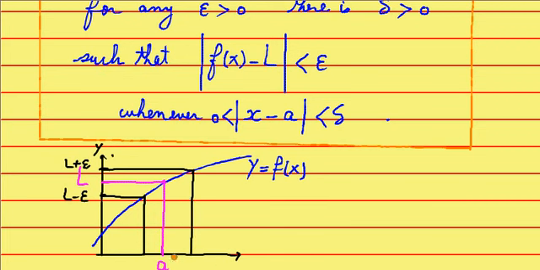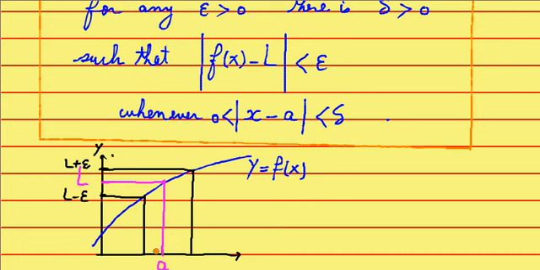Now we want to figure out a region inside of this, symmetrically placed around A, such that if we live inside of that region, the value of the function, the y of it, is going to be placed inside of this trap. So you want to lay a trap here. How big do you think you can make it?